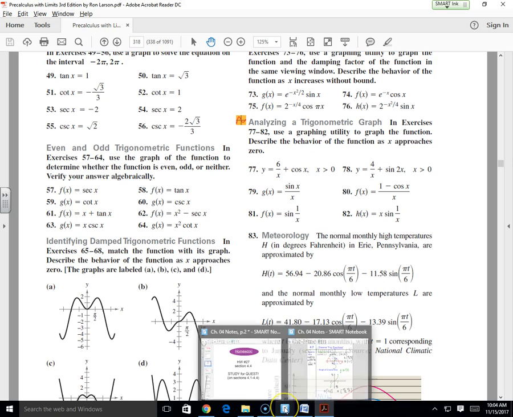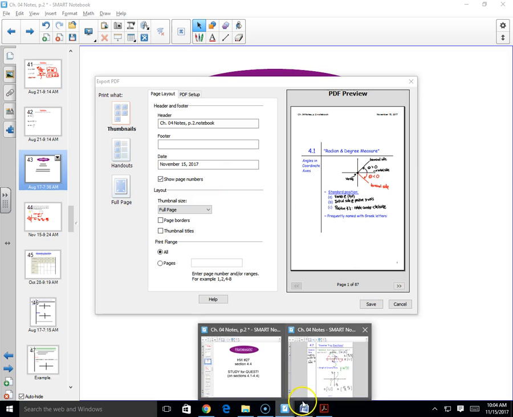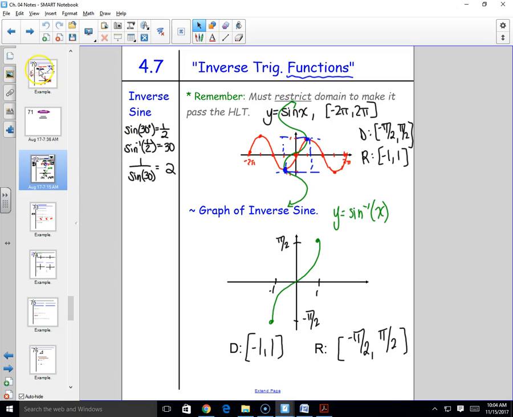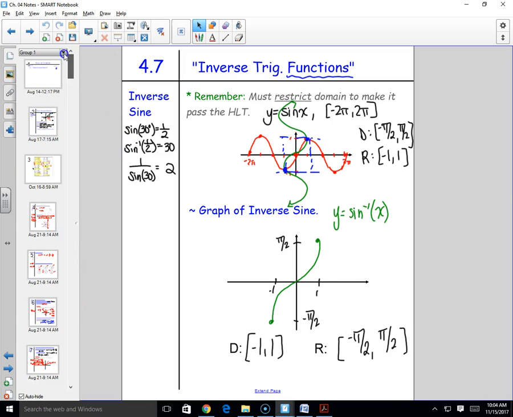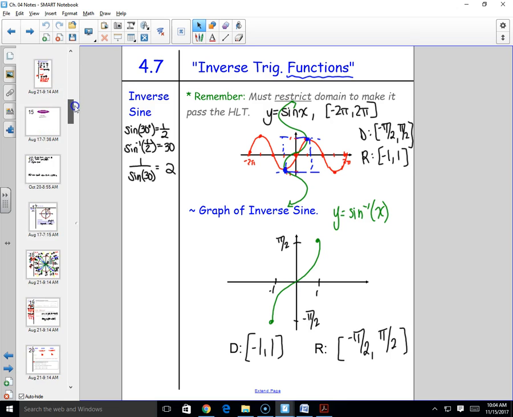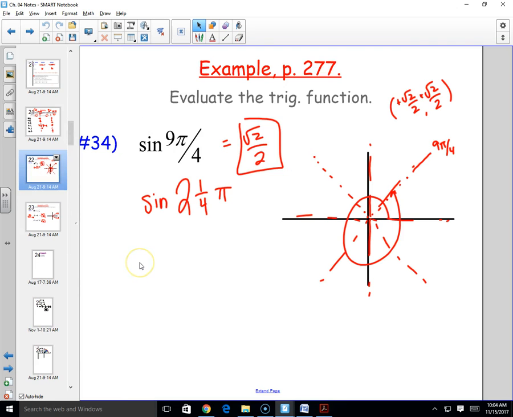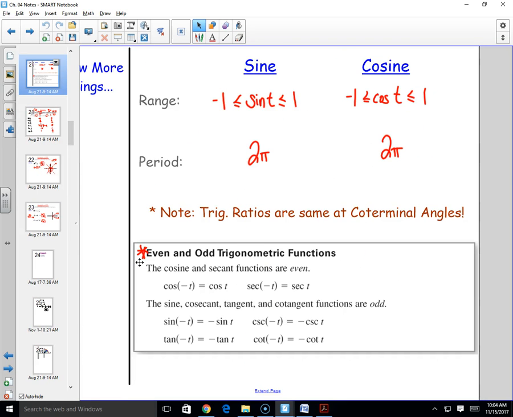In your notes, go check out, let me remember. We wrote down the even-odd properties of trig. I think it was section 3. I'm going to check real fast. I think it was after. No. Unit circle? There we go.